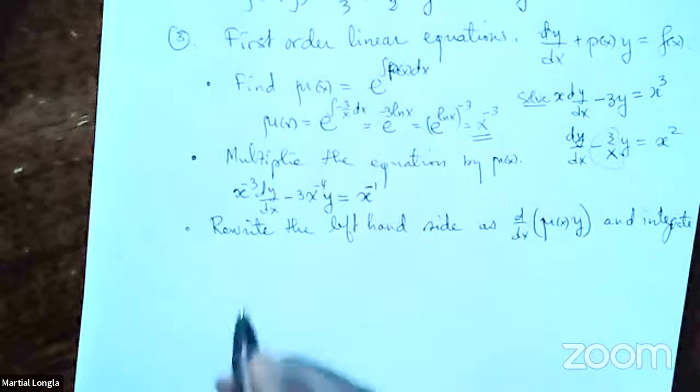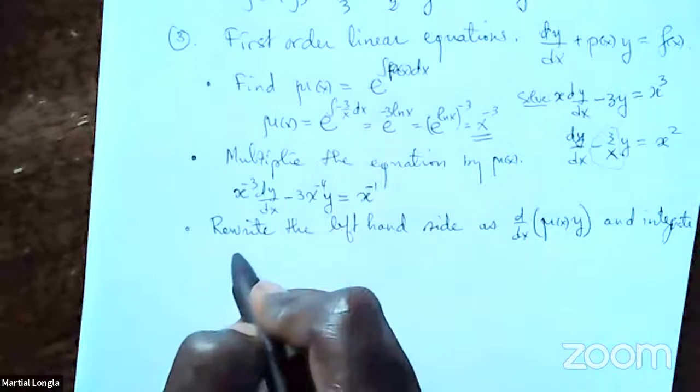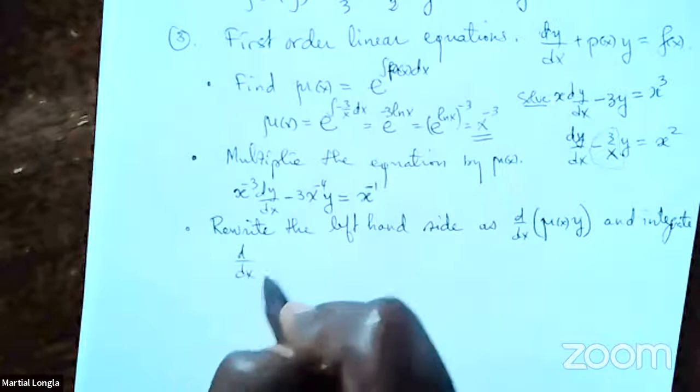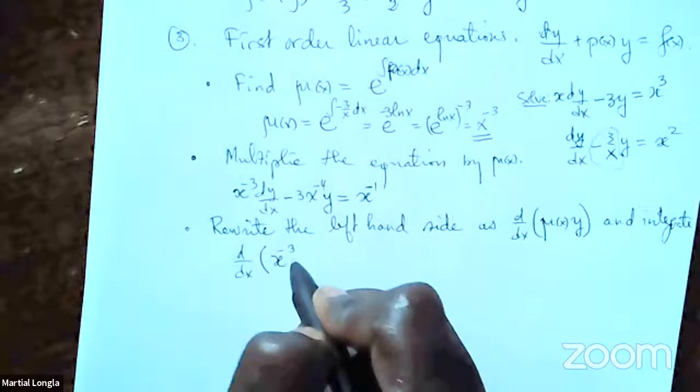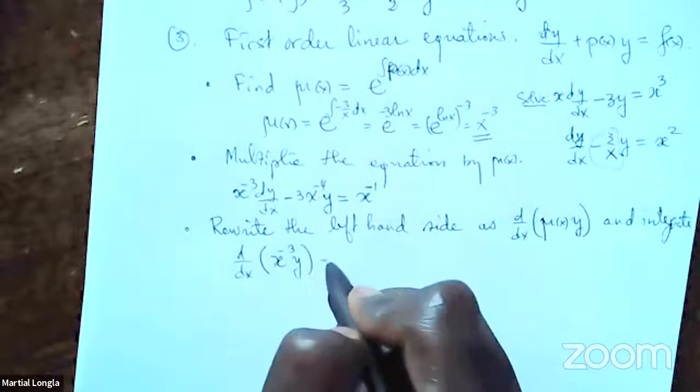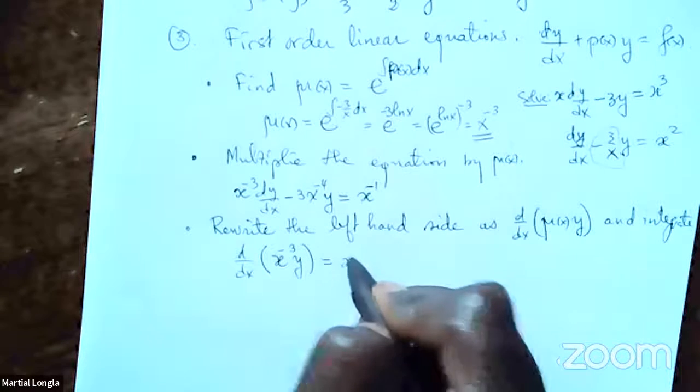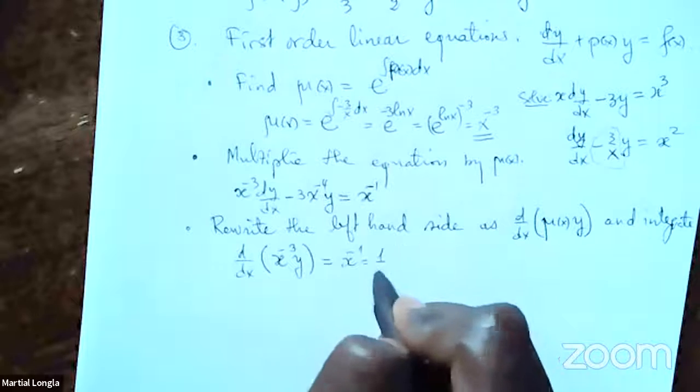So that left-hand side is d over dx of x to the minus 3 y, and that's equal to x to the minus 1, or 1 over x.